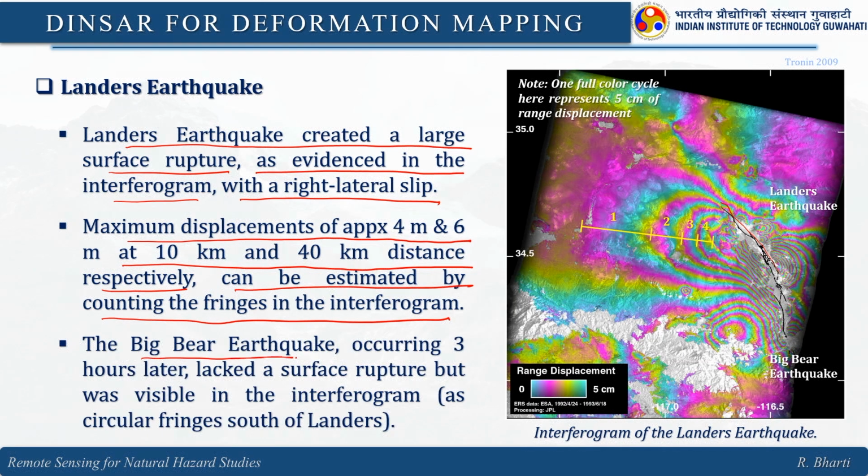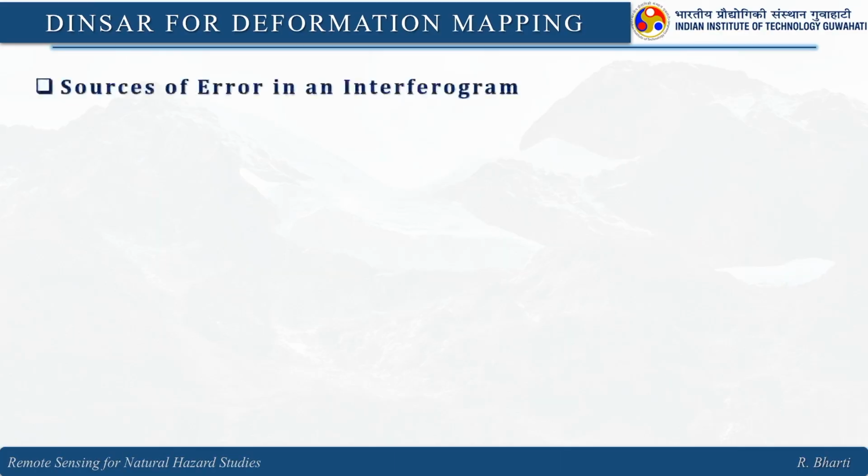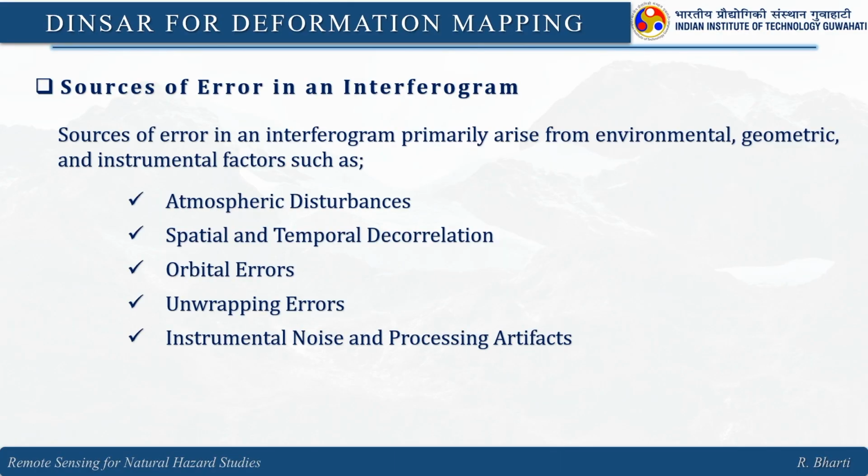The Big Bear earthquake, occurring 3 hours later, lacked a surface rupture but was visible in the interferogram as circular fringes south of Landers, right. So, here the interferogram is very useful in earthquake studies. You have seen the interferogram, how it is coming for different seismic events.